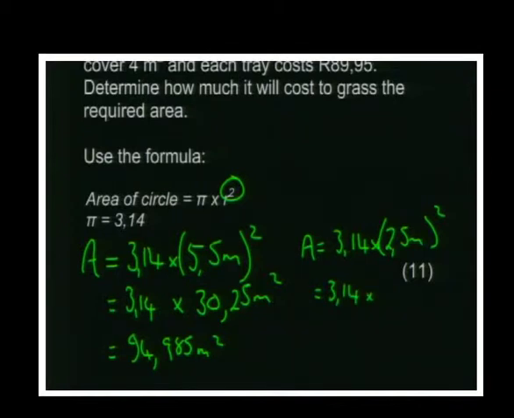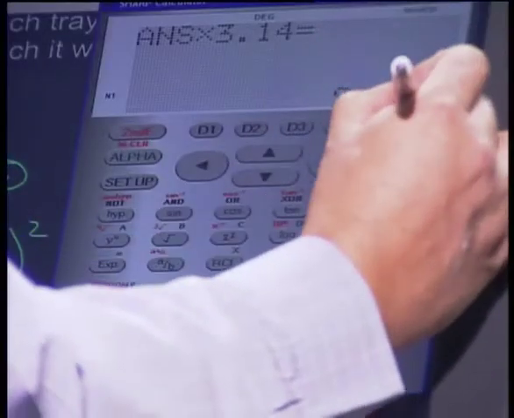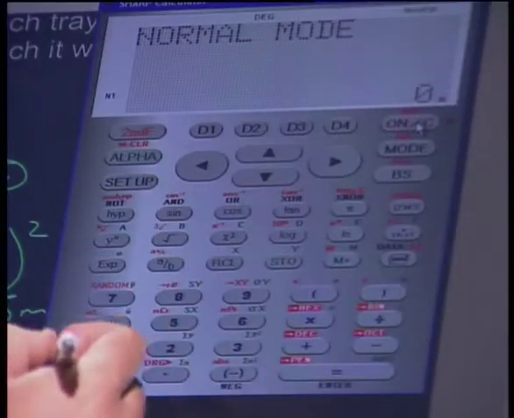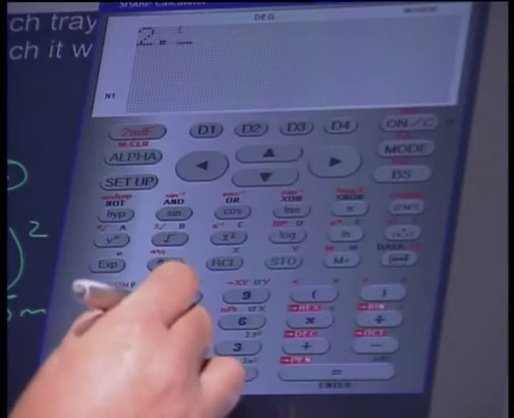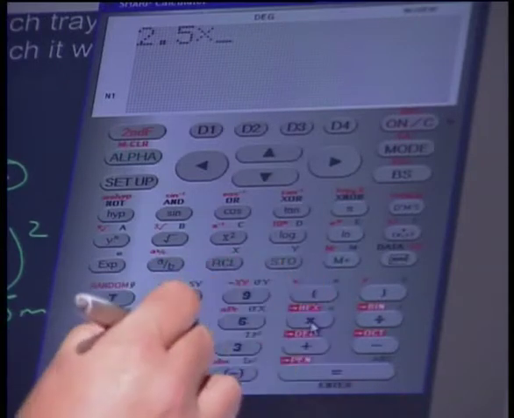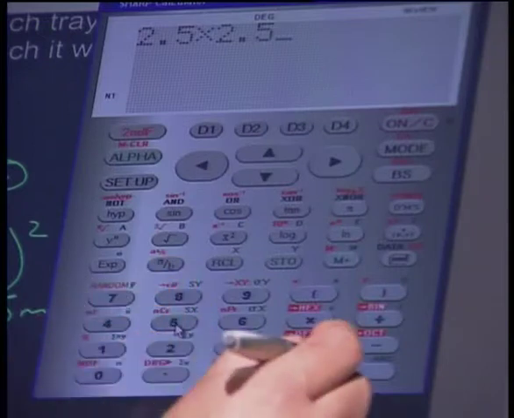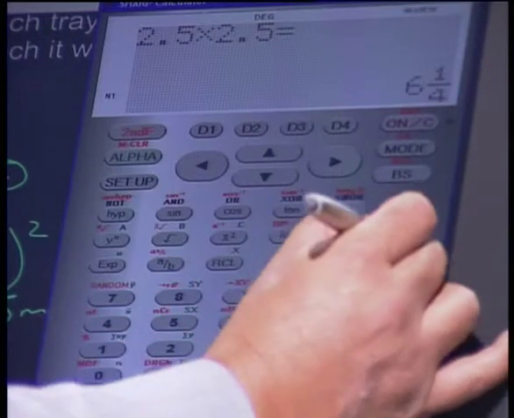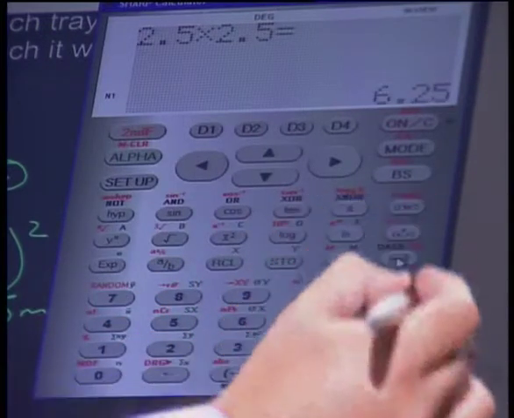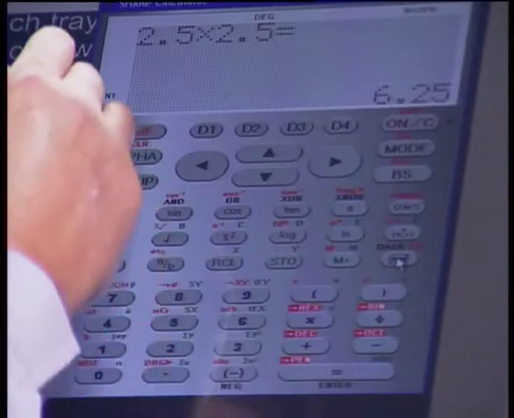equals, so I have 3.14 multiplied by, let's take our calculator, and let's go 2.5 multiplied by 2.5 meters equals, and we're going to land up then with 6.25 meters squared.